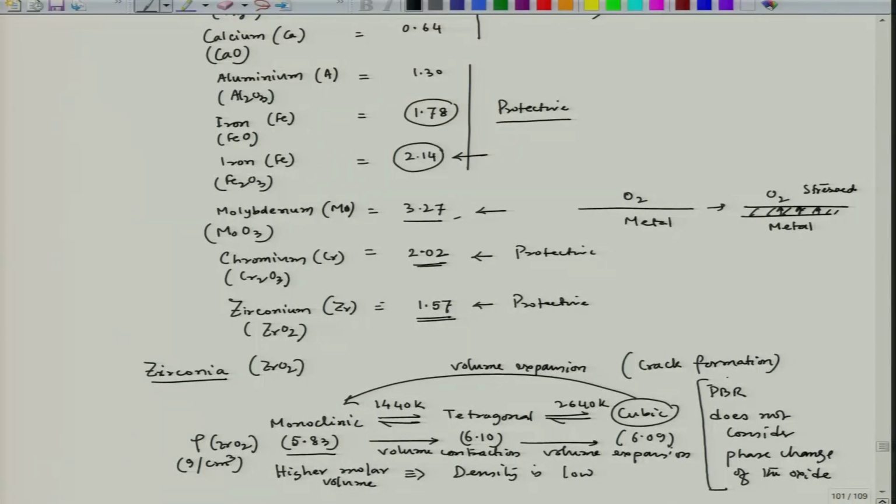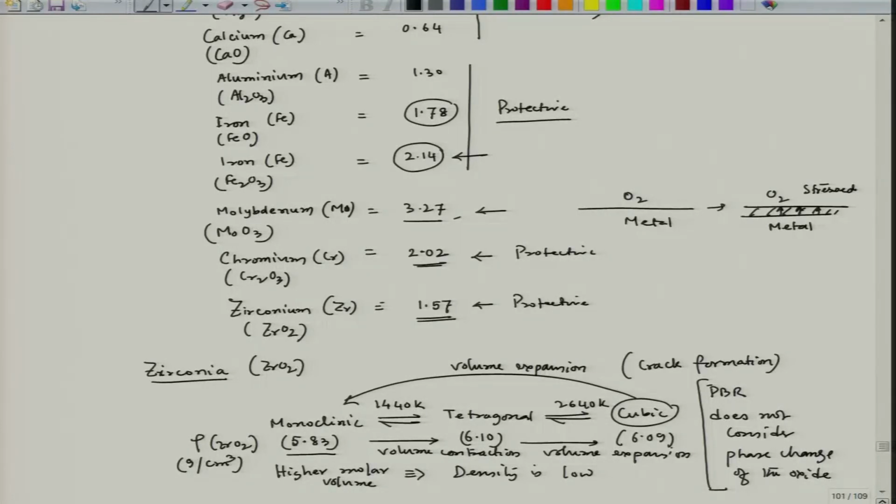Fine. So, since it is not considering phase change, it is not going to tell us the actual picture, the way it is happening in the case of zirconia, that the high temperature phase will not be stable at room temperature, and at that time the cubic to monoclinic transformation would lead to volume expansion, and that would create cracks in the zirconia.